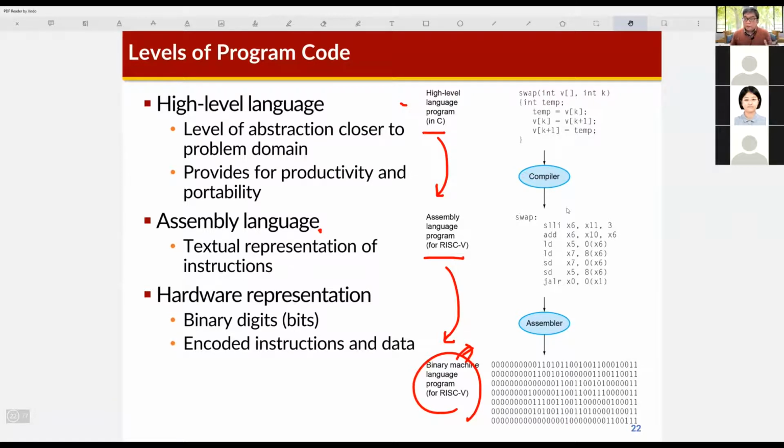That's why we cannot understand the machine code, and it's very hard to understand the assembly code. So we use the high-level language to create our application software.